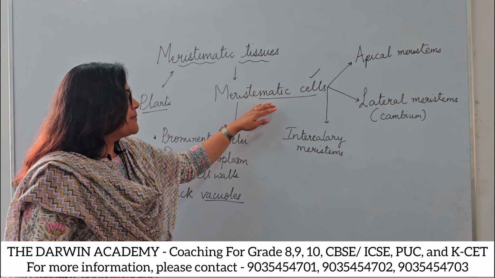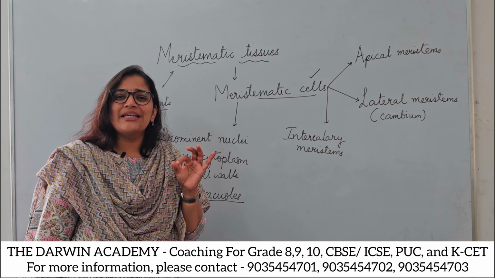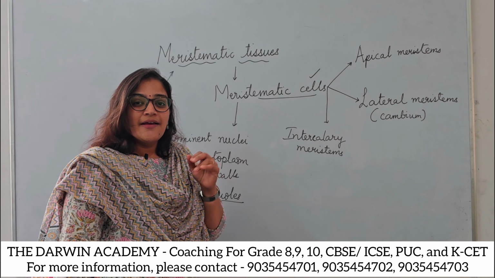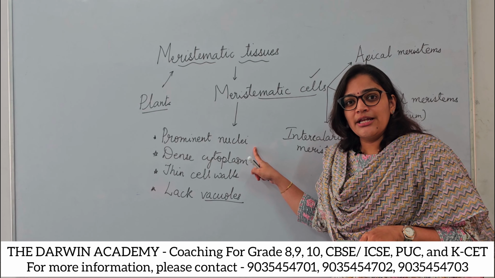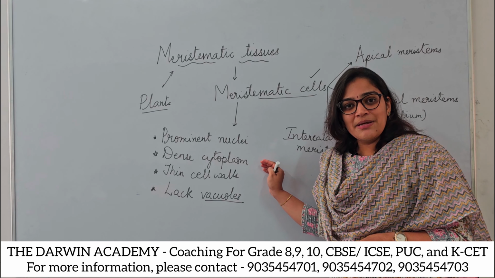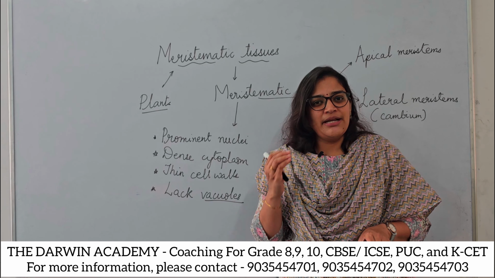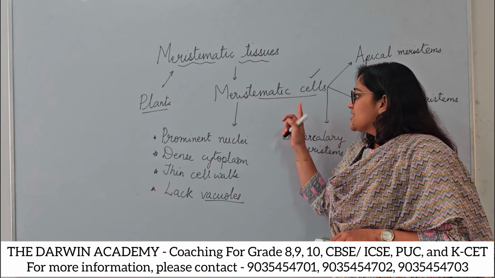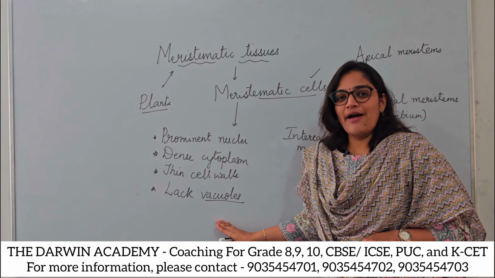These meristematic cells have specific characteristic features, that is, these cells have prominent nuclei, their cytoplasm is dense, their cell walls are thin and they are made up of cellulose, but these meristematic cells don't have vacuoles.